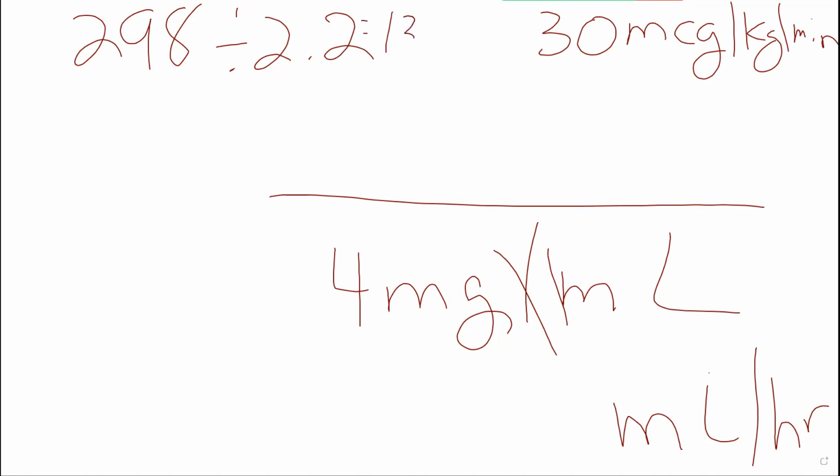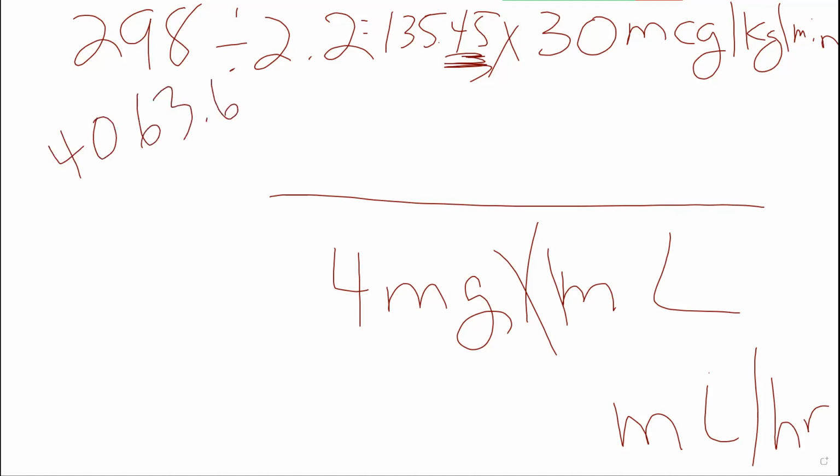So it's going to be 135.45 and so on. We're going to use that whole number, whatever it is, times our 30. That's going to give us 4,063.63 and so on, micrograms per minute.